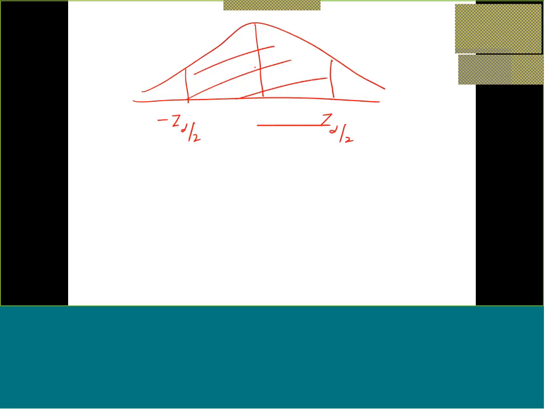So this is the acceptance region. Our test statistic value Z is calculated as minus 2.00. Is it lying between minus Z alpha by 2 and plus Z alpha by 2? No. Minus 2 is obviously falling in the critical region, because this number is minus 1.96 and this number is 1.96.